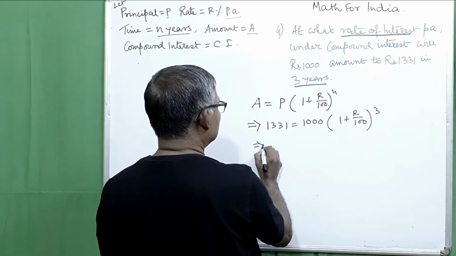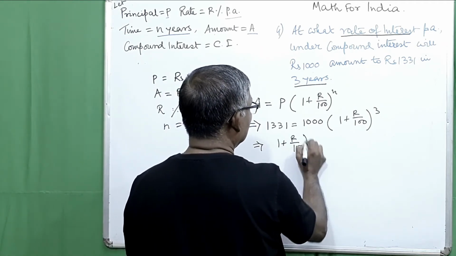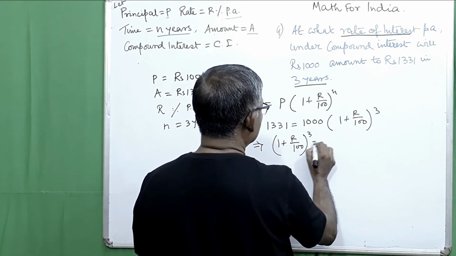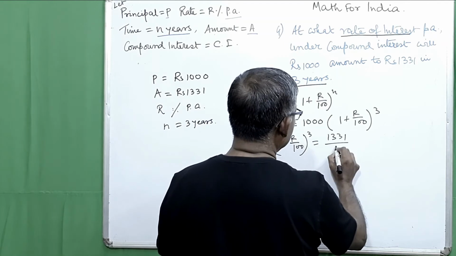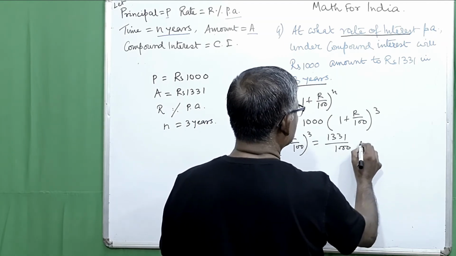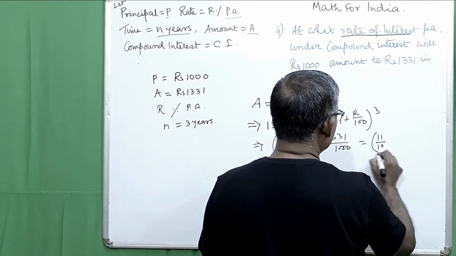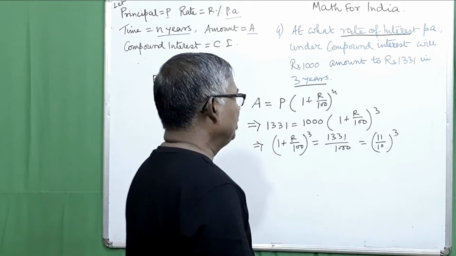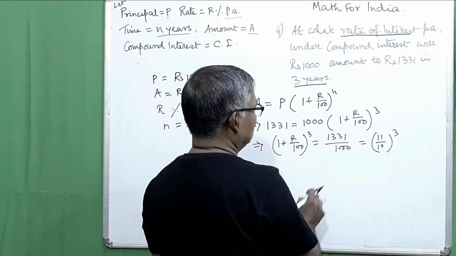This implies that 1 plus R by 100 whole to the power 3 equal to 1331 by 1000 equal to 11 by 10 whole to the power 3. If you calculate this 11 to the power 3, you will get 1331.